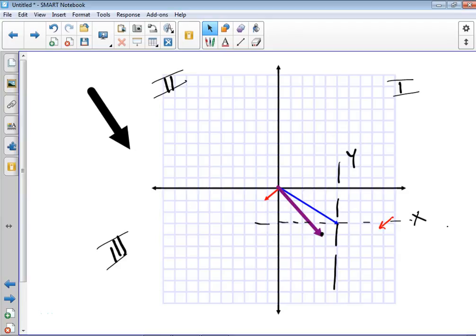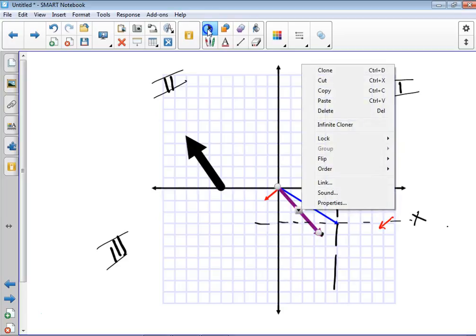So ultimately, though, that purple vector is not the vector that's going to cancel the other two out. I want the opposite of this purple vector. I want the exact same length, but in the other direction. So let's do this. Clone it.